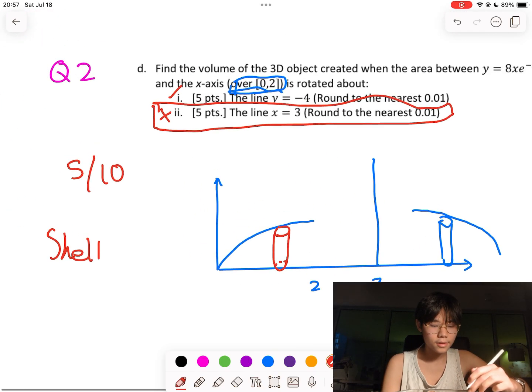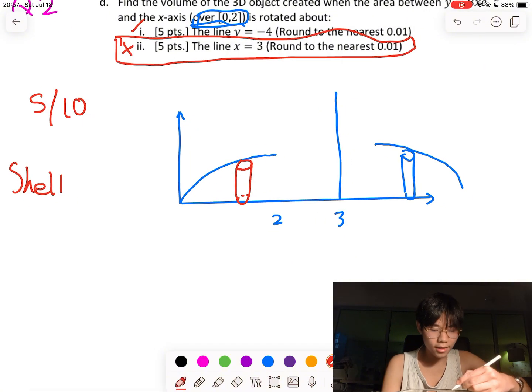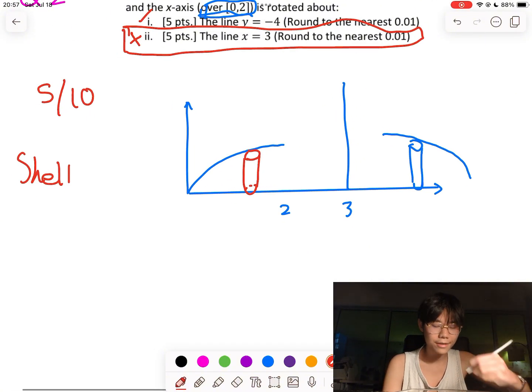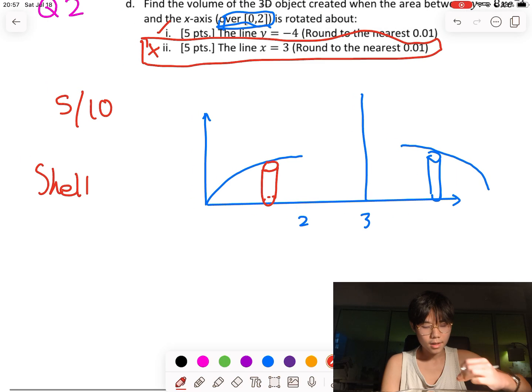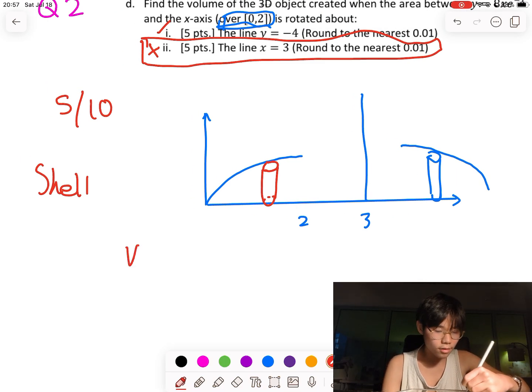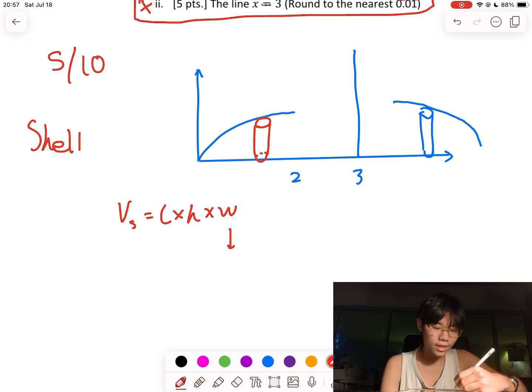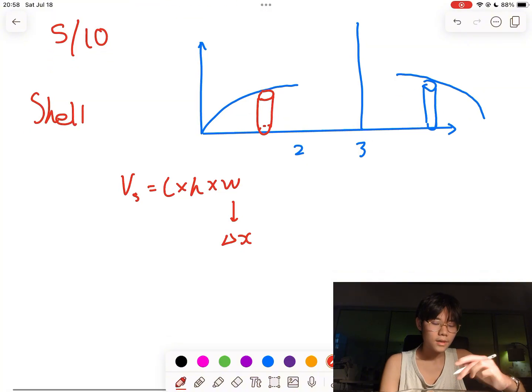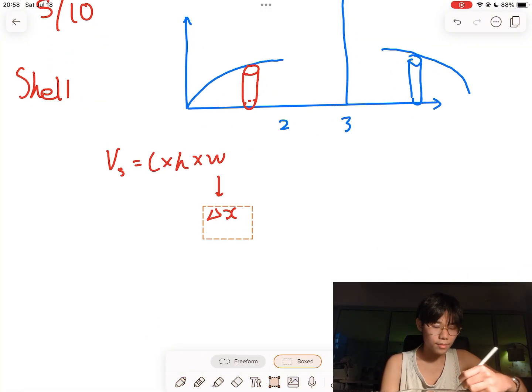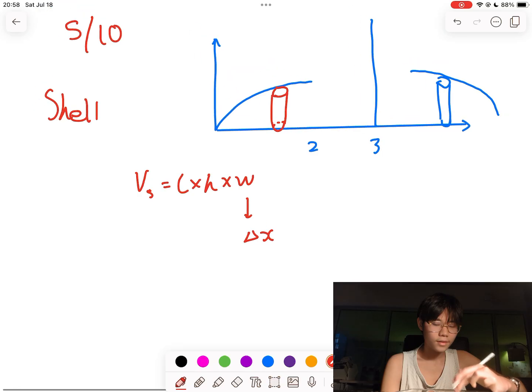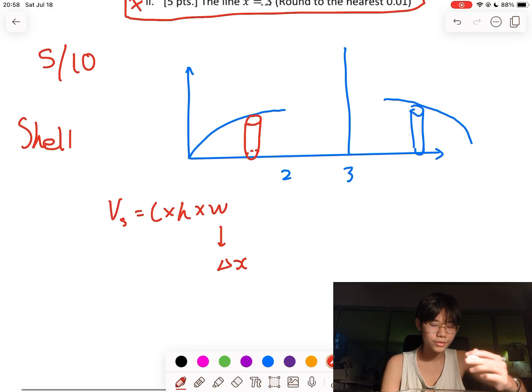With our slice, we cut this open and we get a 3D rectangle. The volume of the slice is length times height times width. Now we know that width is change in x. Just memorize that. It's always change in x.